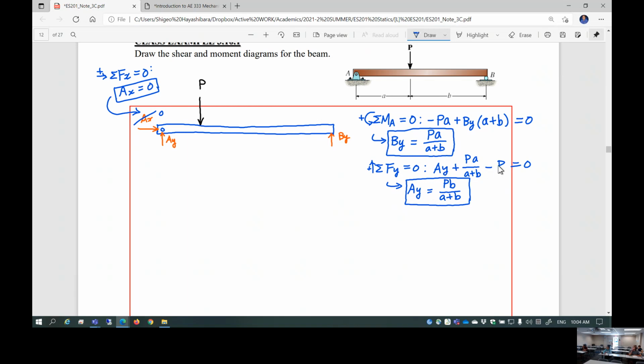AY is equal to P minus PA over A plus B. So P times 1 minus A over A plus B, which is P times A plus B minus A over A plus B, which gives P times B over A plus B.